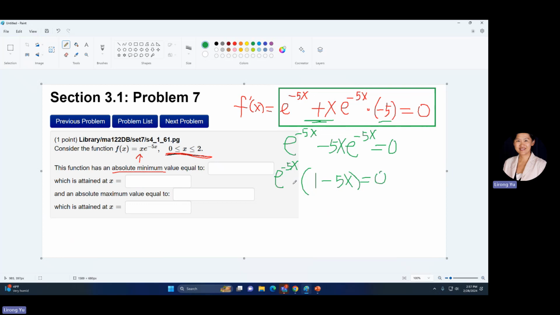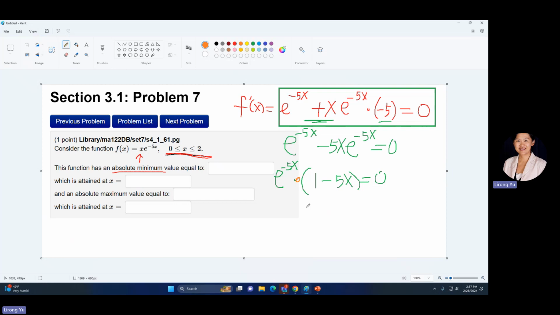Now let's think about how we make this equal to 0. Now, e to any power never equals 0. e to the 0 equals 1, e to the 1000 is a huge number, and e to the -1000 is still positive. It's like 0.0 something, but it's really positive. So we know this first factor is part of a multiplication.